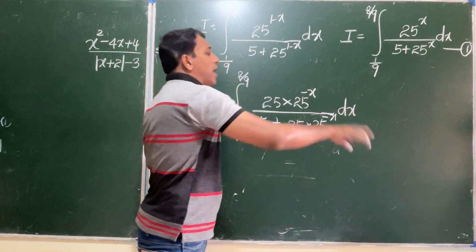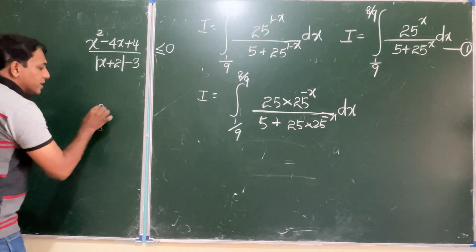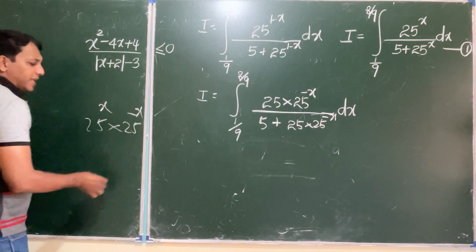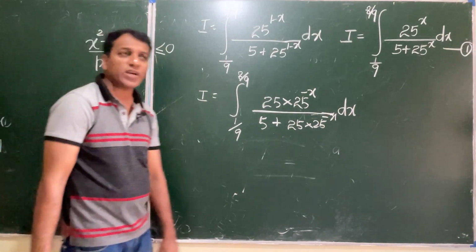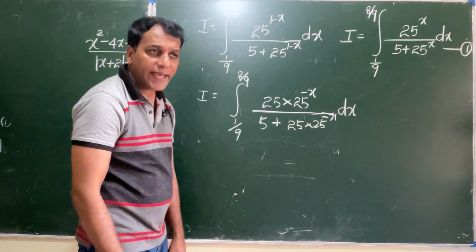Otherwise, multiply by 25 to the power plus x. 25 power plus x multiplied by 25 power minus x, the bases are equal and the powers add, so the answer is 1. So can I multiply up and down by 25 to the power x?